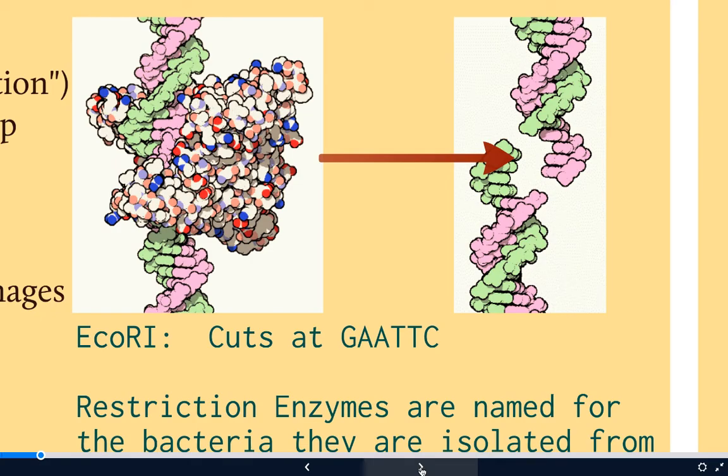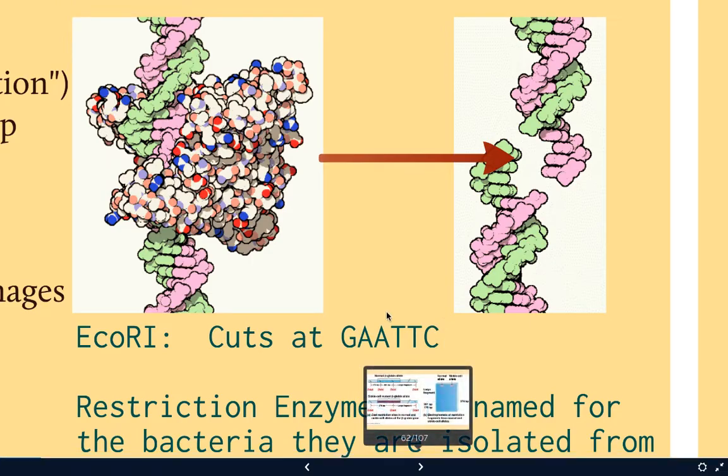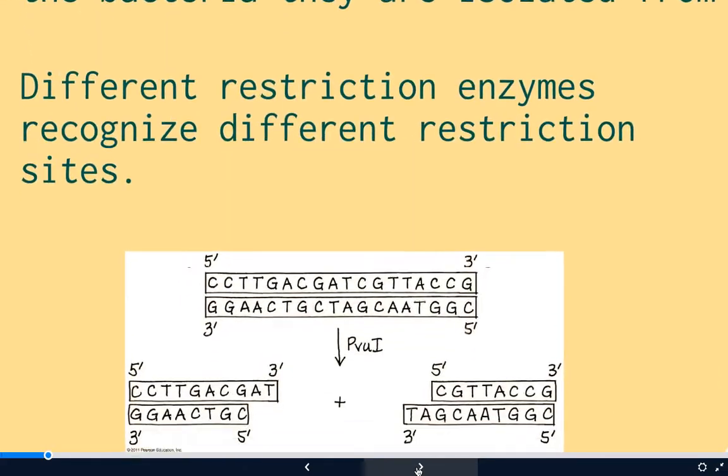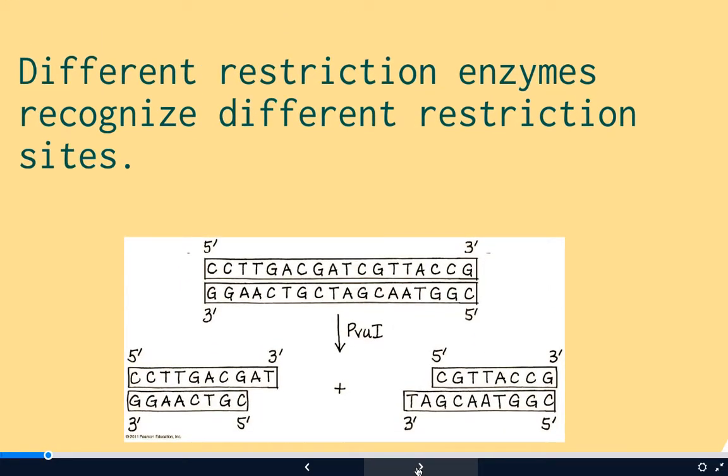Okay, so here's a good example. This is EcoRI, and it cuts whenever it sees a GAATTC sequence in the genome. So whenever this shows up, that is where it will cut the DNA. So restriction enzymes, these weird names, they're named for the bacteria that they're isolated from. Different restriction enzymes recognize different restriction sites, so they're very specific.